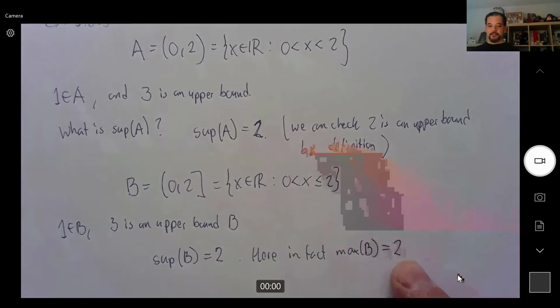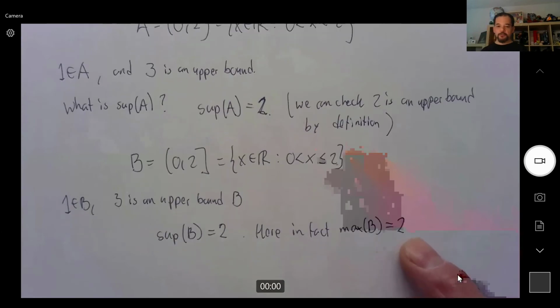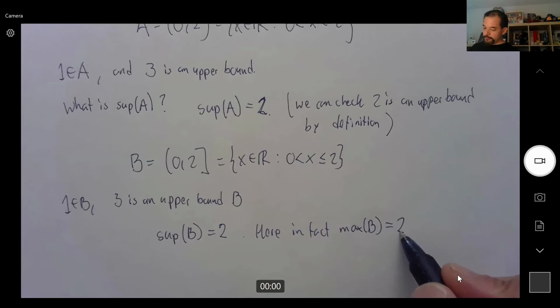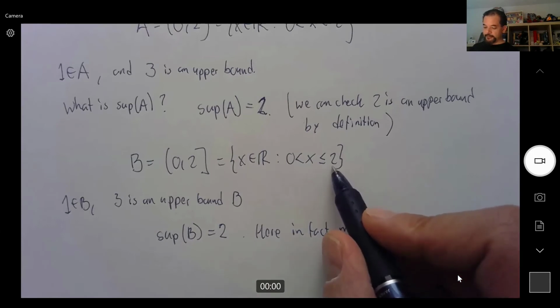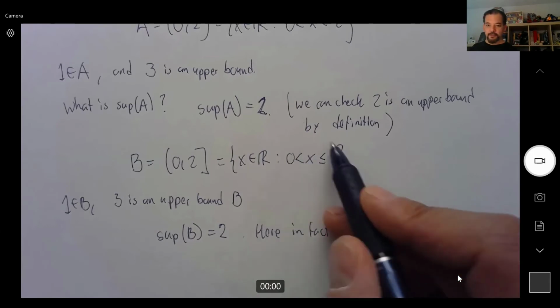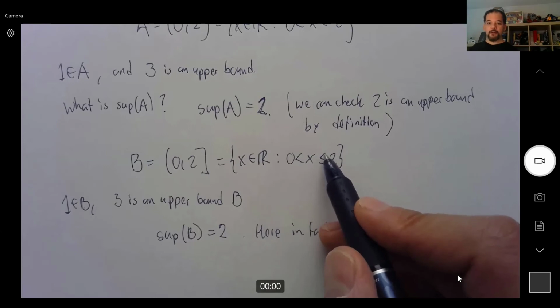And how do I check that it is indeed the maximum? Well, I need to check 2 things. I need to check that it belongs to the set. Does 2 belong to B? You bet, because it satisfies this inequality. And is it an upper bound?